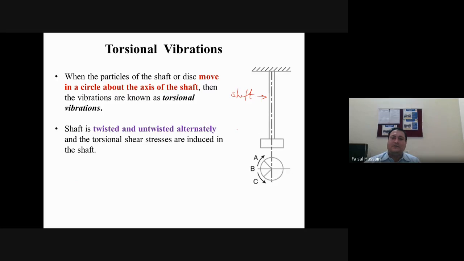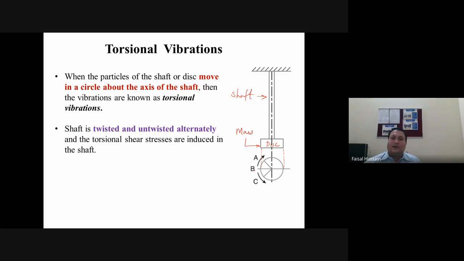This is the mass which is attached at one end of the shaft, and one end of the shaft is fixed. If I project it, this disc is of circular cross section.